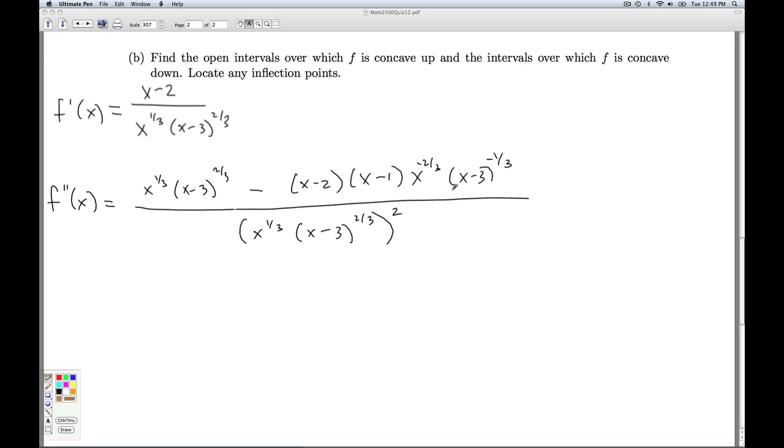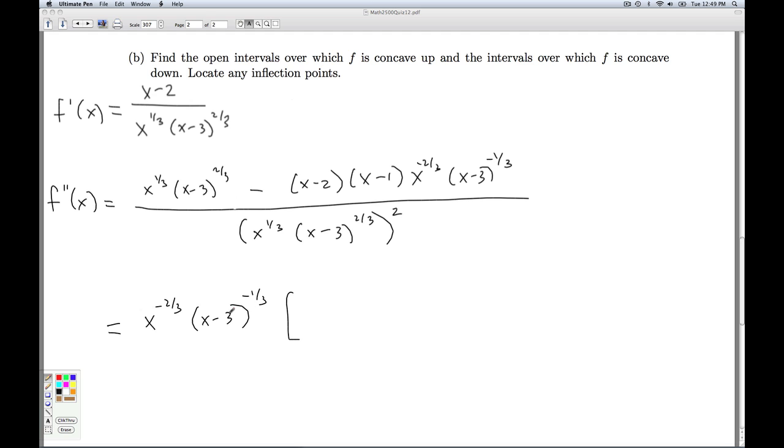All right, so here's our second derivative. I've replaced the derivative of x minus 2 with 1, and I've replaced the derivative of the denominator with this guy. And we're going to proceed then as usual. We're going to factor out what I can. So I'm going to factor out an x to the minus 2/3 and an x minus 3 to the minus 1/3.